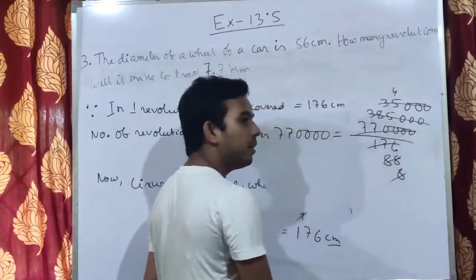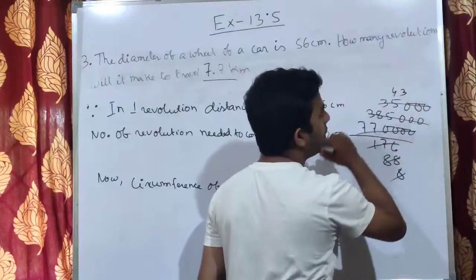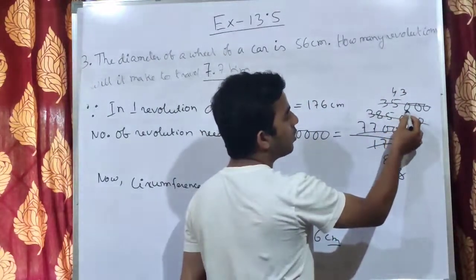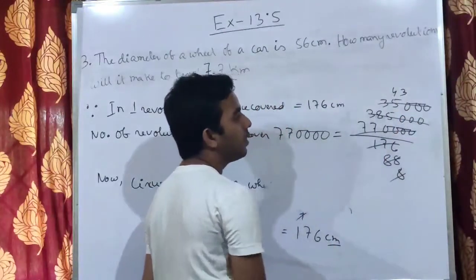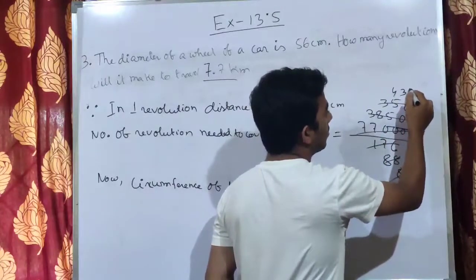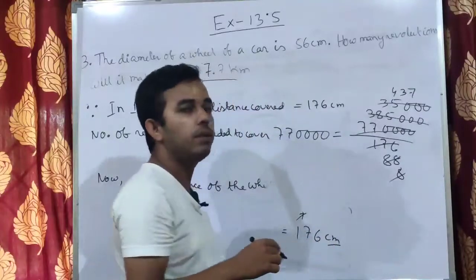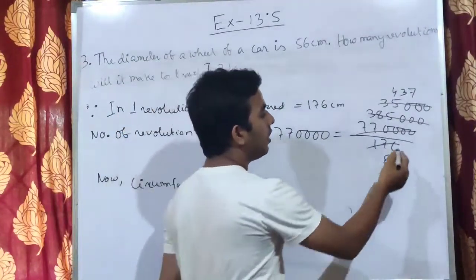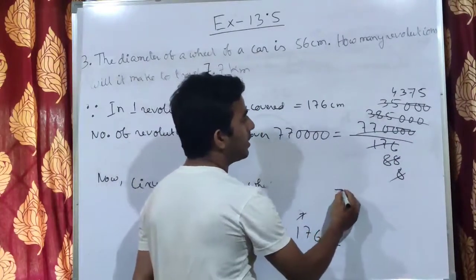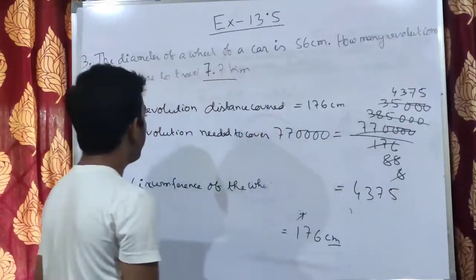Then 30, 8 into 3 is 24, 30 minus 24 is 6, then 60. 8 into 7, 56, then 40, 8 into 5, 40. Our answer is 4375.